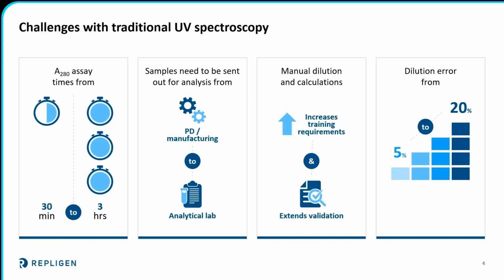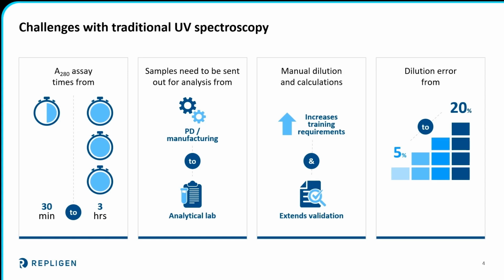Challenges with traditional UV spectroscopies have been present in the market for decades. The obvious issues with some traditional UV methods include the assay times for sample prep, which can take anywhere from 30 minutes to 3 hours, depending on how many samples you're testing.